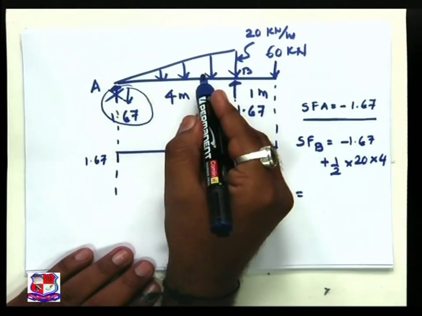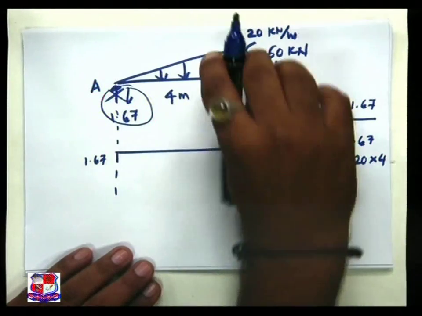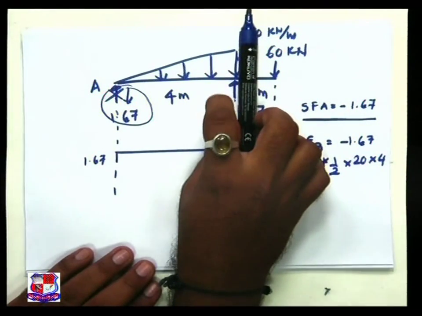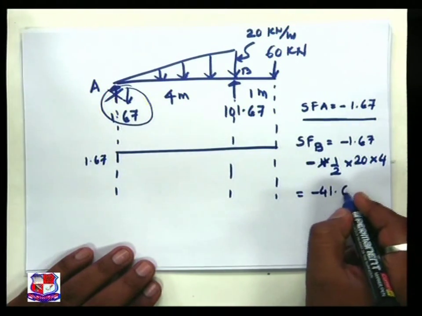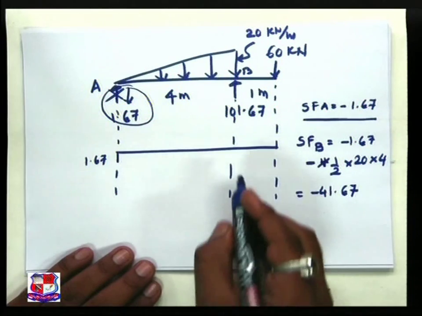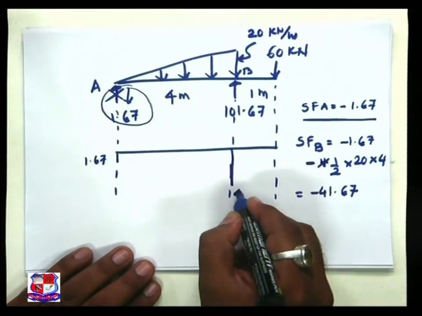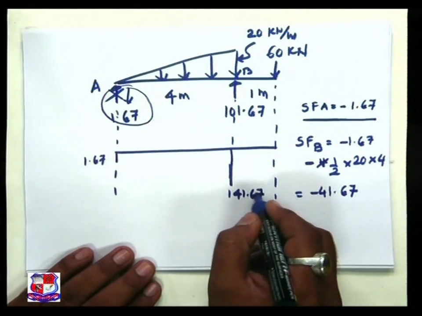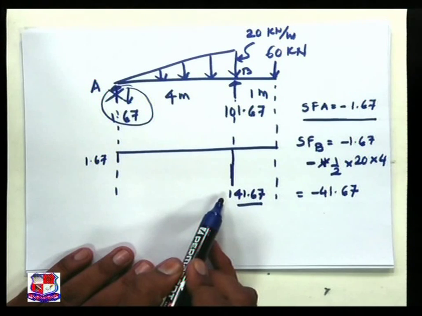This is also acting downwards, so instead of a plus sign it is a minus sign. Section left acting downward, and we get minus 41.67, so we achieve over here 41.67 with a minus sign.